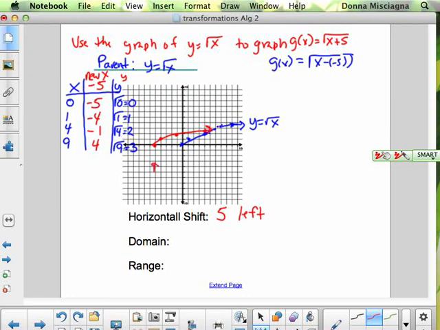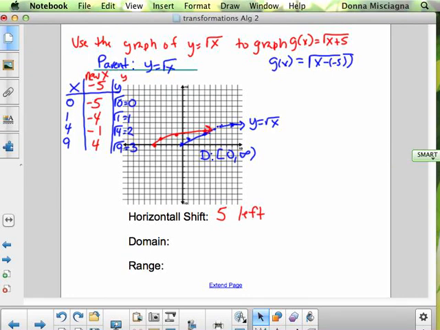I'll write the domain for the parent function. The domain for the parent function was, with brackets, 0 to infinity.